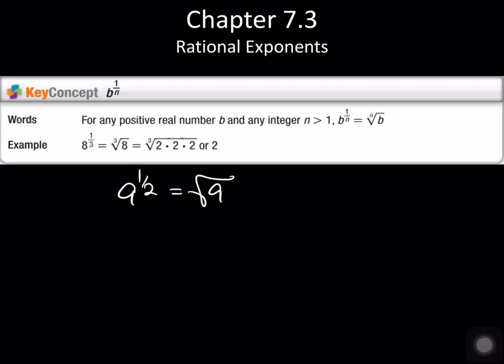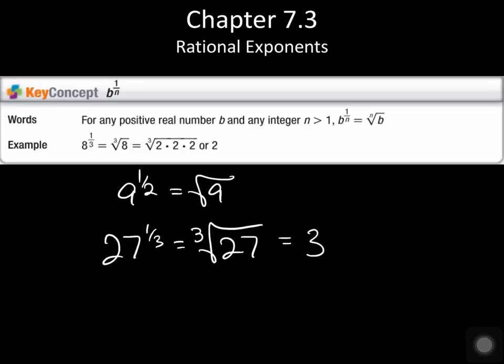So in other words, 27 to the 1/3 power can be rewritten as the cube root of 27. And then this is one that we could go ahead and evaluate, and we would get 3.